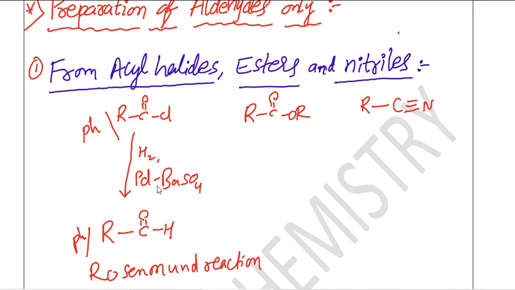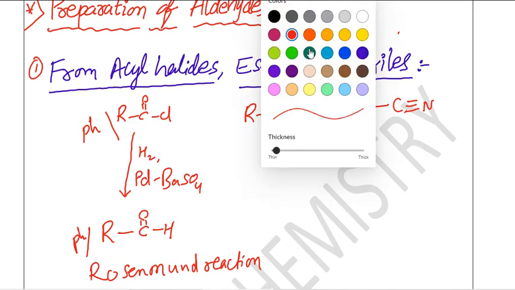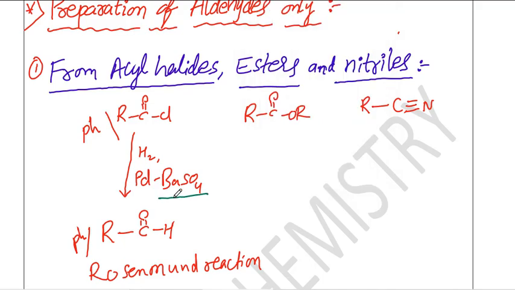See, actually hydrogen and palladium is the hydrogenating catalyst. So this palladium catalytic property is reduced by barium sulfate. So here this barium sulfate is used as a poison.